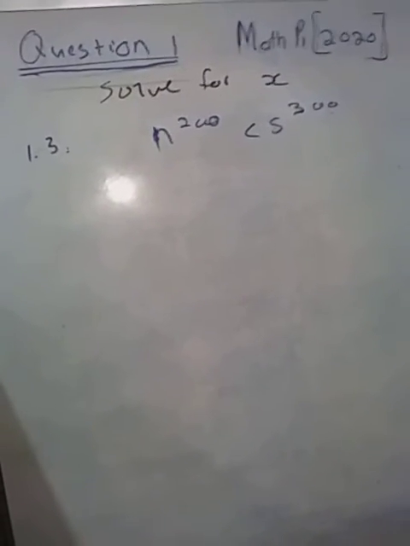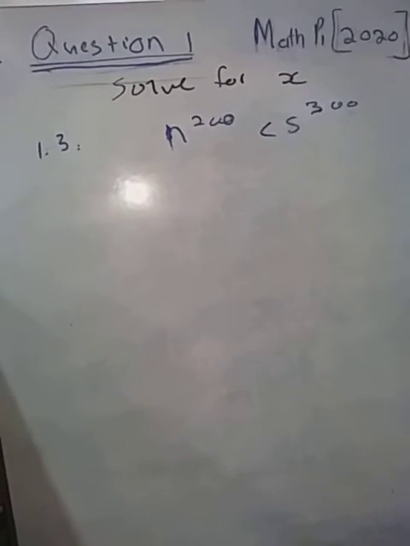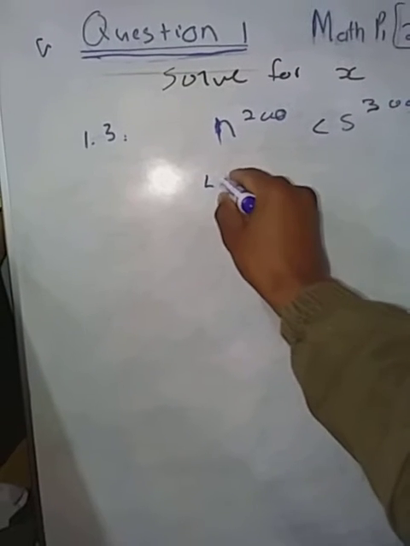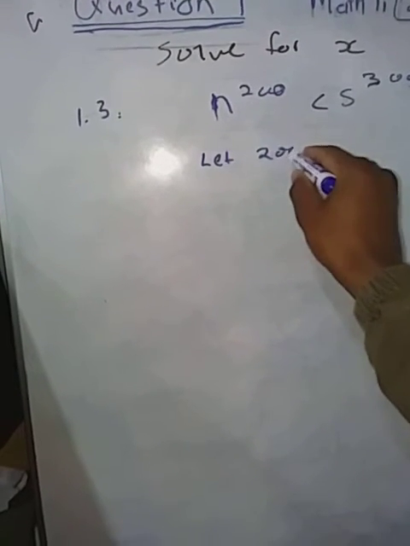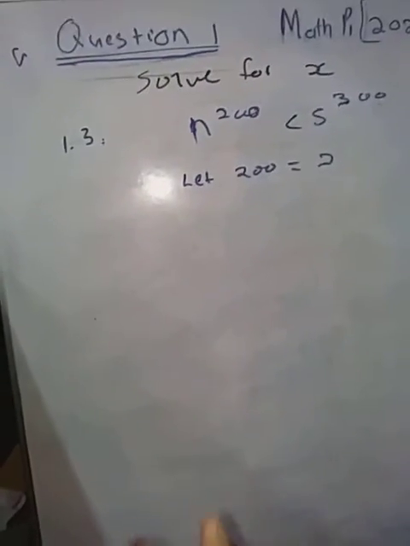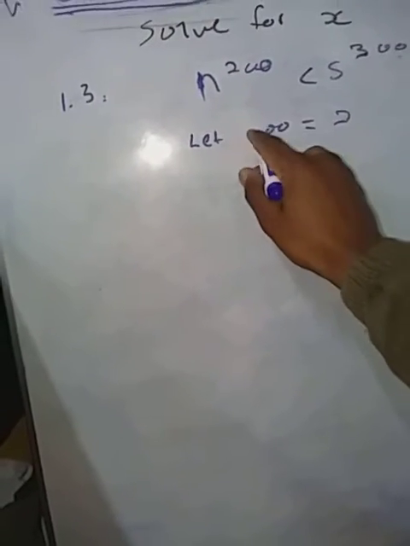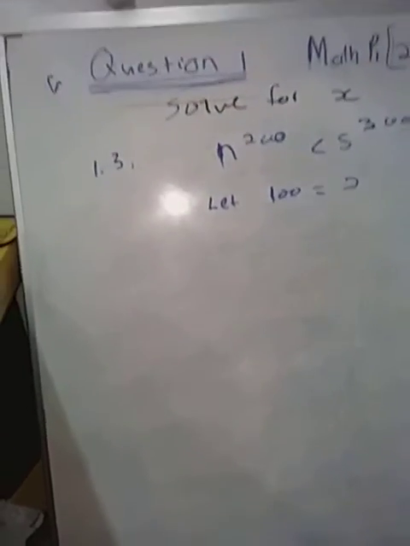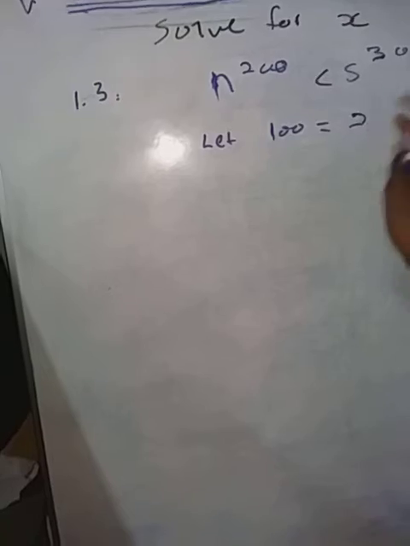So you can just say, let 200 be equal to 2. Oh, but this one doesn't really make much sense. You can just say, let 100 be equal to 1.